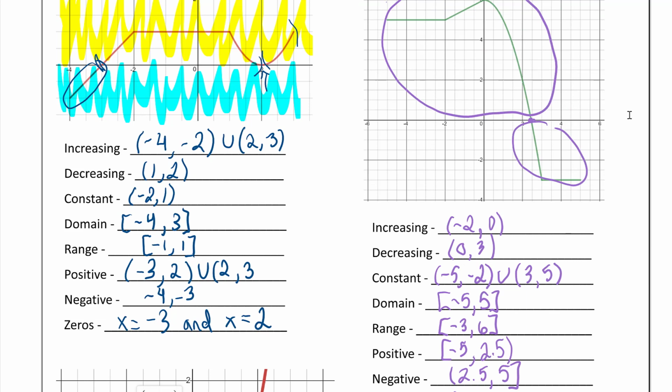We were correct that -3 needs a parentheses because at -3 it's 0. And at 2 it needs parentheses. Alright, so the mistake I made here was at 3, which is over here, it is positive there. So we'd put a bracket. And the same thing here. -3, the parentheses was right.